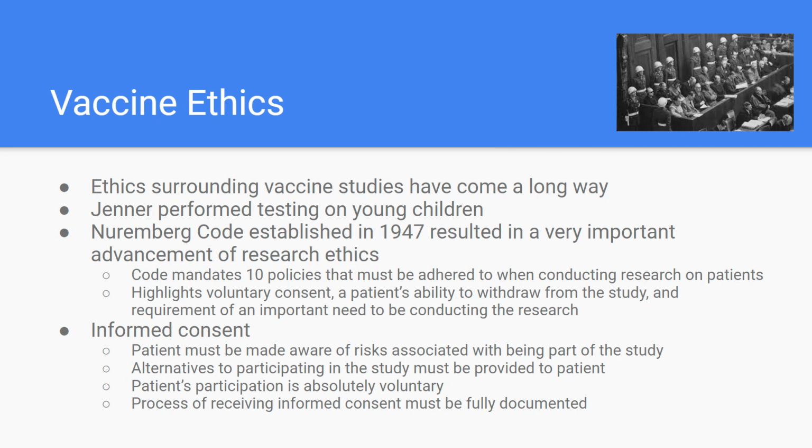Also, the patient's participation is 100% voluntary. They do not have to be part of the study if they do not want to. And all of this informed consent must be fully documented to ensure that informed consent has been gained by the researcher from the patient.